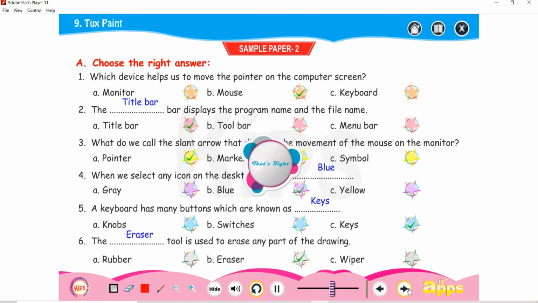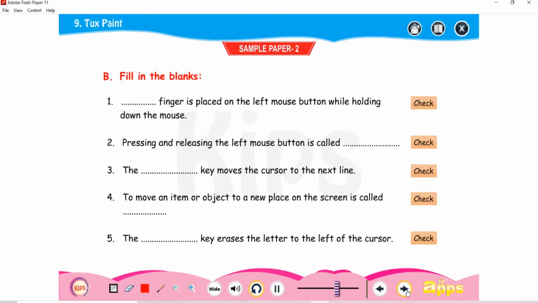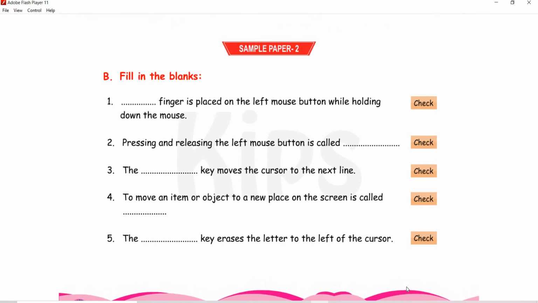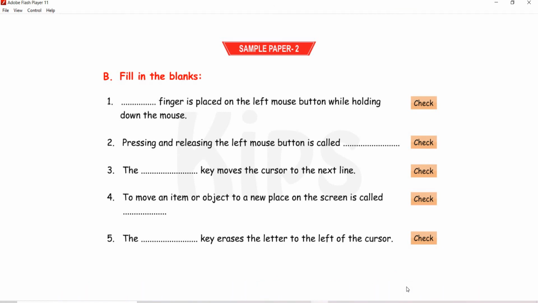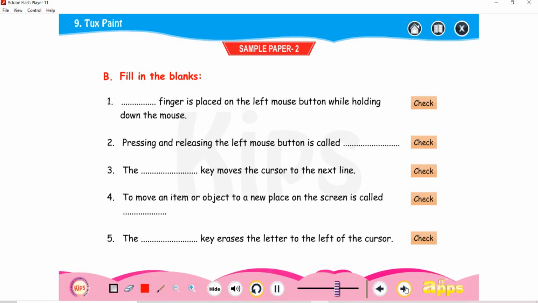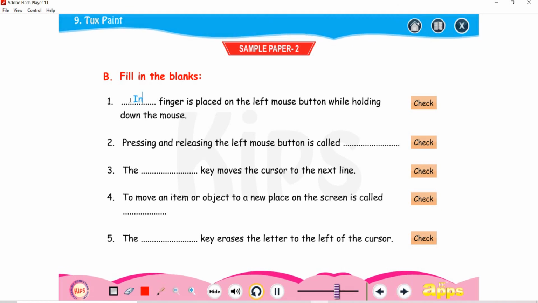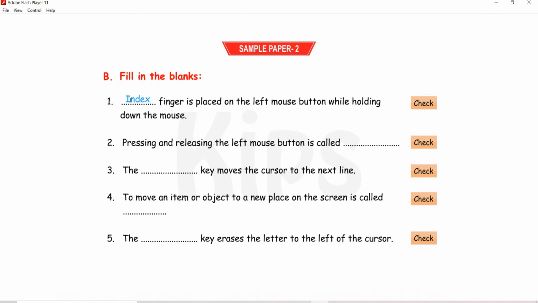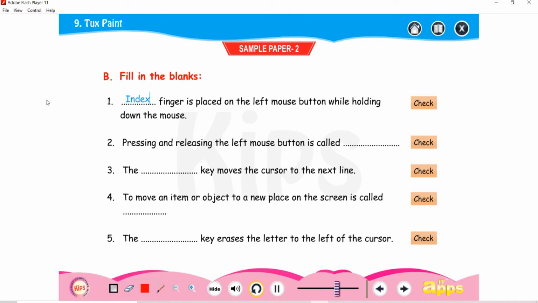Now we go to the next, fill in the blanks. First question, dash finger is placed on the left mouse button while holding down the mouse. The index finger is used for holding the mouse. Next question, pressing and releasing the left mouse button is called clicking.